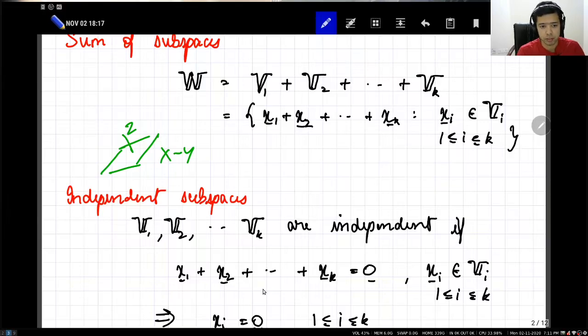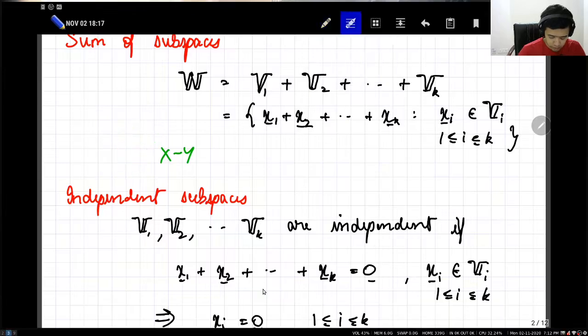Because every vector in R3 can be written as a sum of a vector from the xy plane and a vector along the z-axis. Similarly, I can also take the xy plane and the xz plane as V2, then the sum of these two subspaces is also equal to R3.